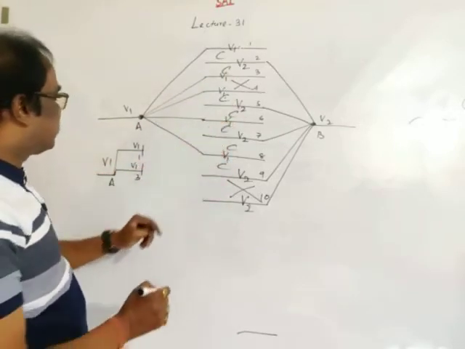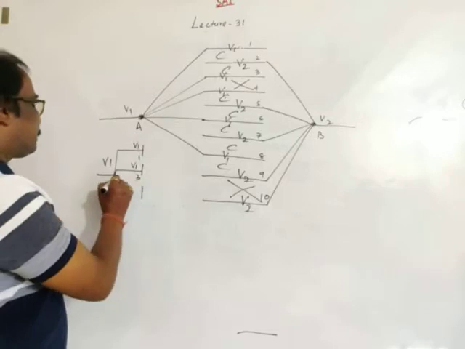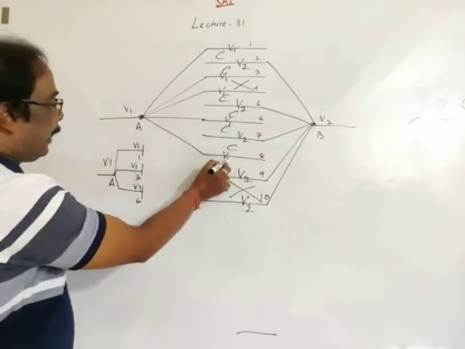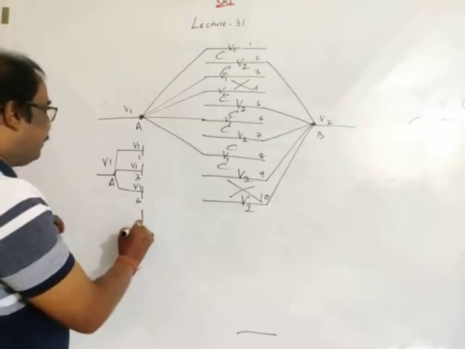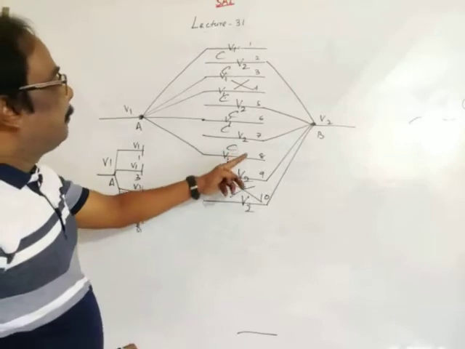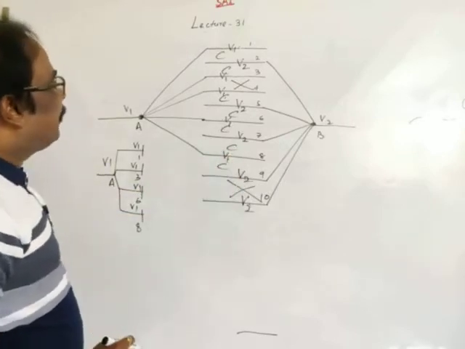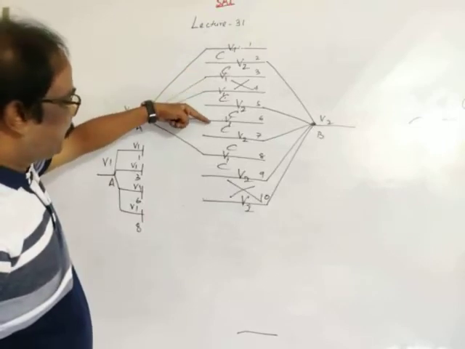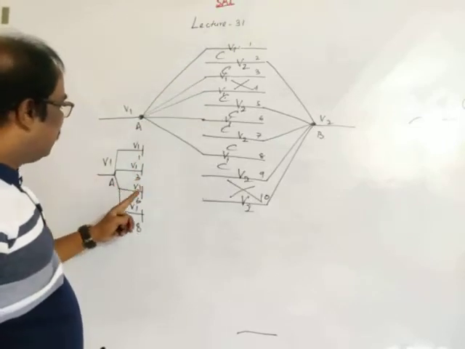Similarly, plate 6 is at potential V1, and plate 8 is at potential V1. So 1, 3, 6, 8.